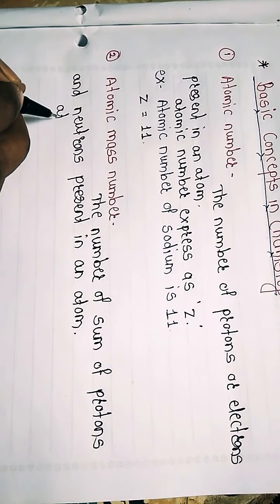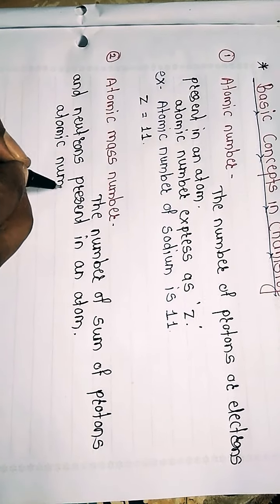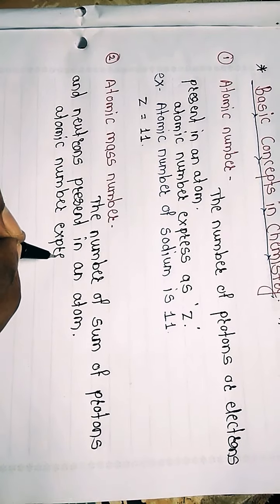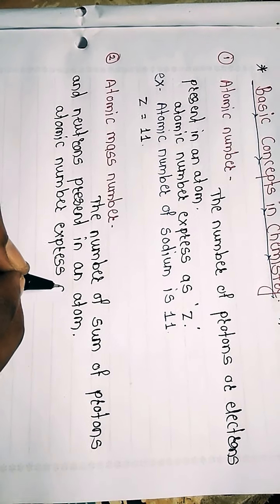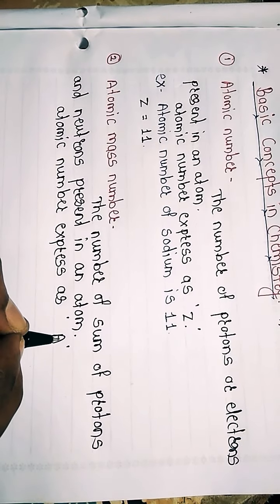Generally, atomic mass number is expressed as capital letter A.